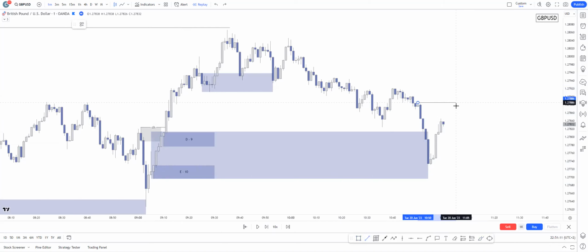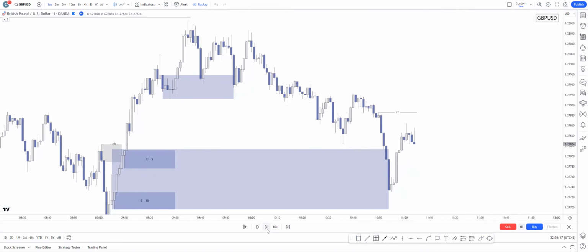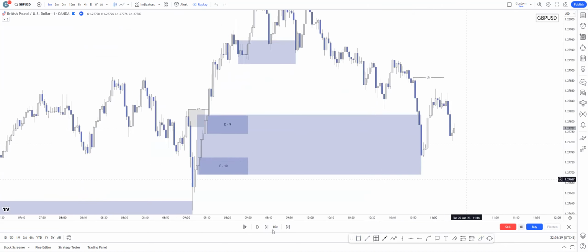So let me mark it out. All right, change of character, perfect. Let's see if it happens. No, price couldn't manage to do a change of character to the upside. And this won't be an entry opportunity because we do not have a change of character.